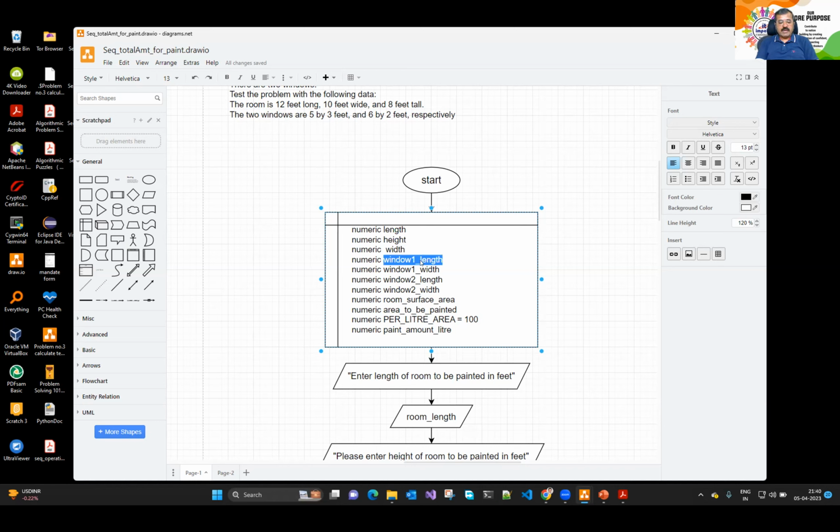And here I could say, I wanted to calculate the area of the room. So I'll say room area. Then I have window 1 ka area. Then I'll have window 2 ka area.